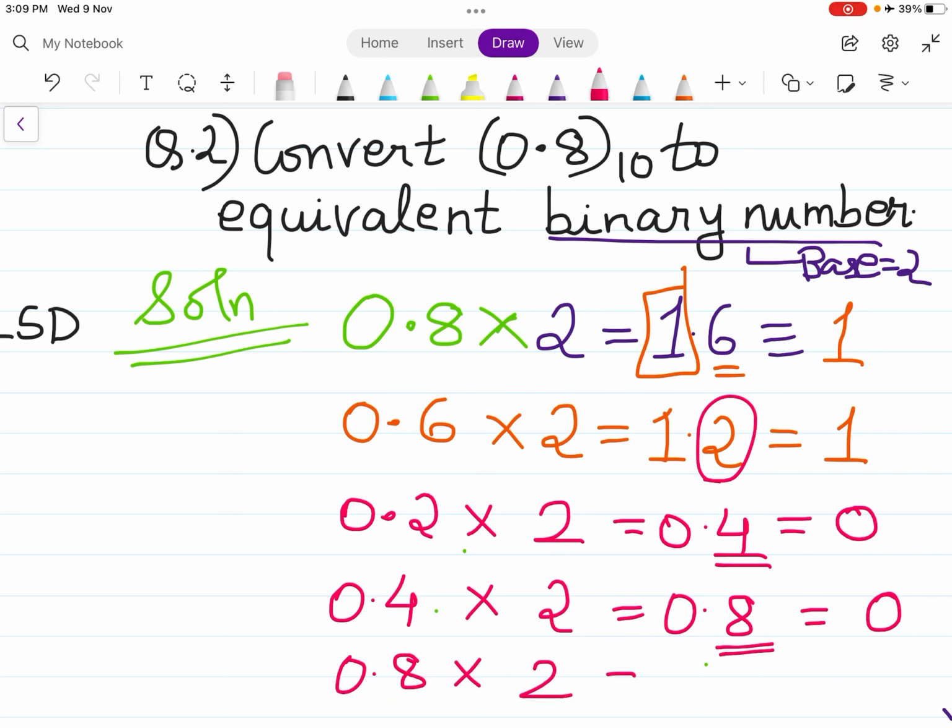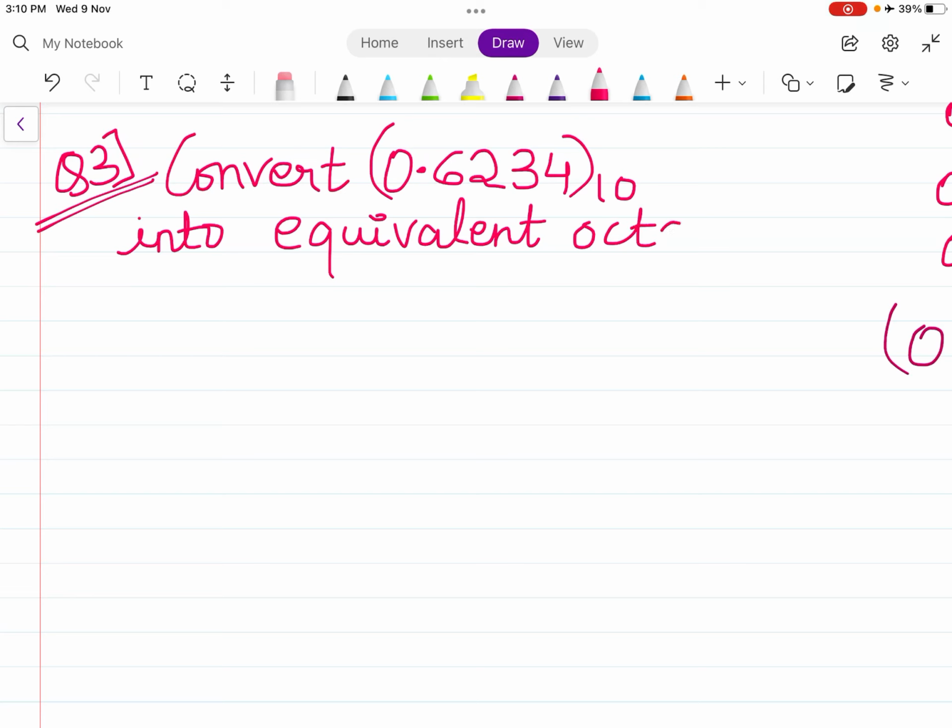Next sum. Question number 3: convert 0.6234 to the base 10 into the equivalent octal number.